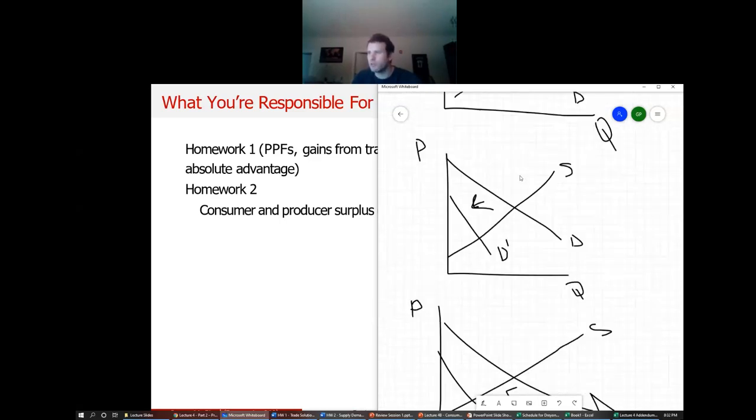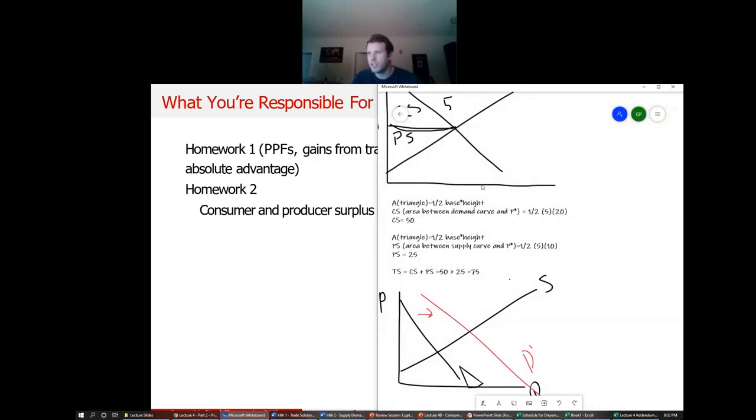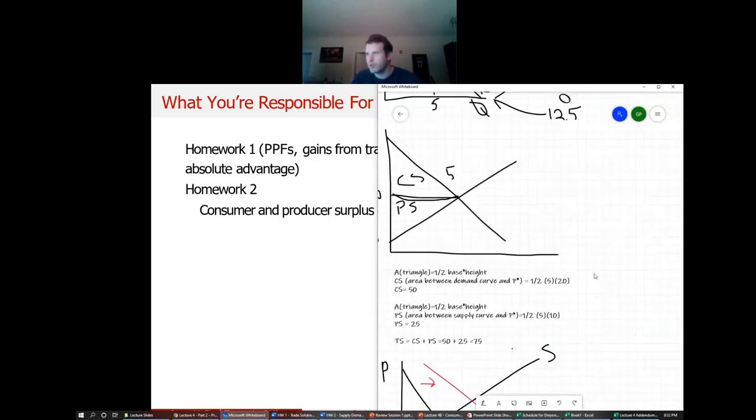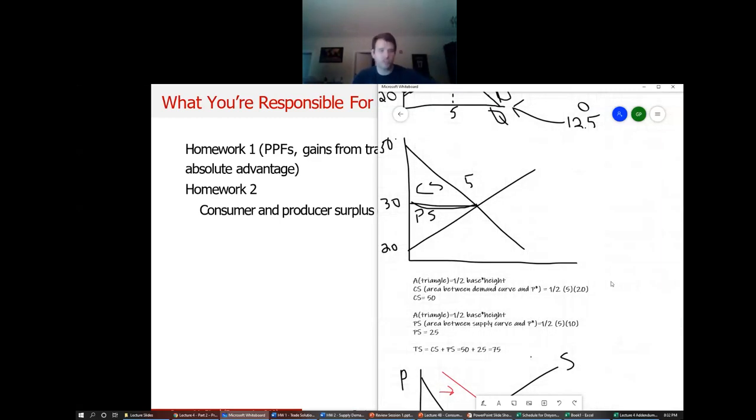And then the continuous one would be the general one where you have a lot of people consuming fractional goods and whatever, and that'll just be the area between, for consumer surplus, the demand curve and equilibrium price, and for producer surplus, the area between the supply curve and equilibrium price.